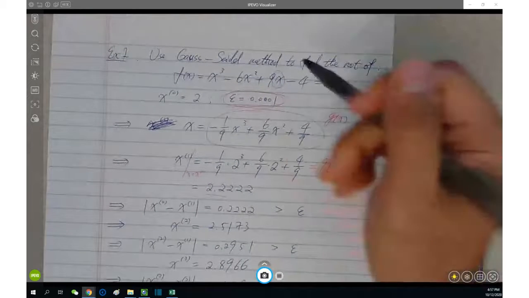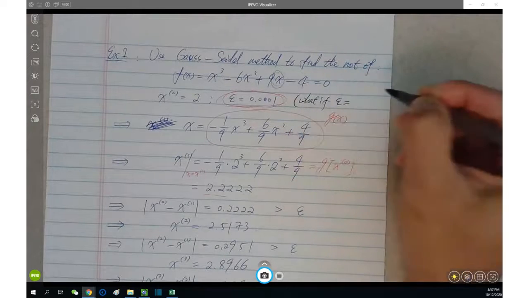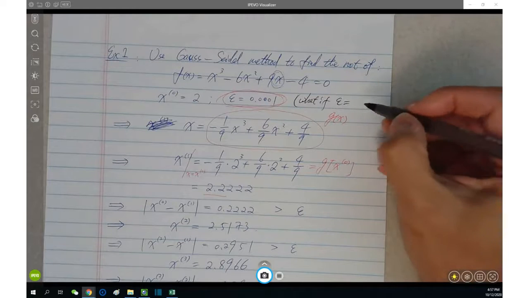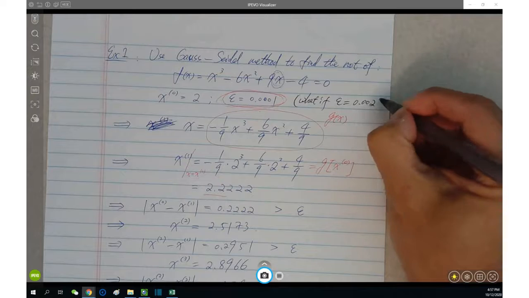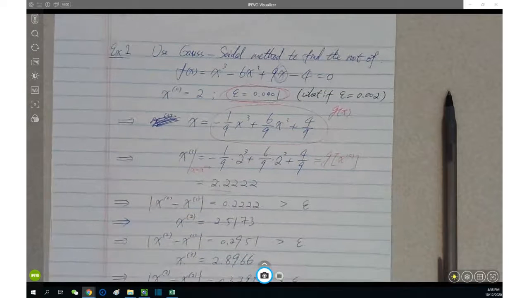What if the given accuracy is as big as 0.002? Obviously, much bigger than the epsilon previously, right? Much bigger. So what is your solution? What is your root? Check what you have done and tell me what is your root.